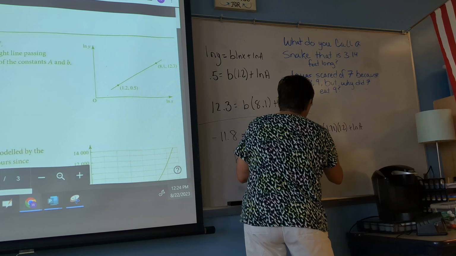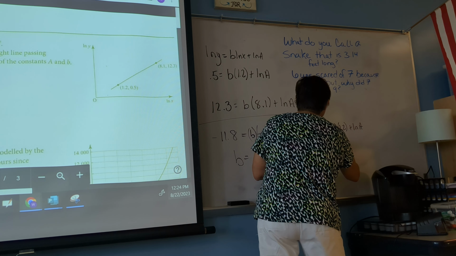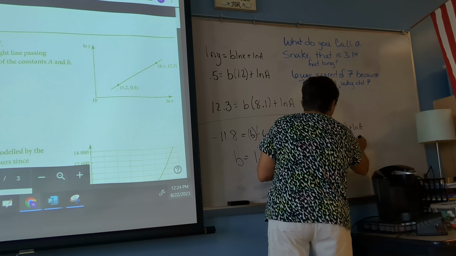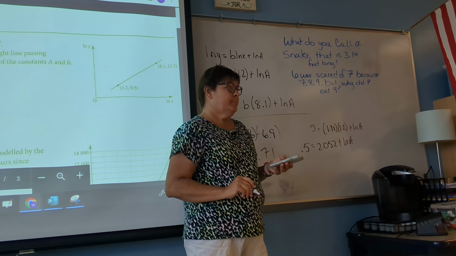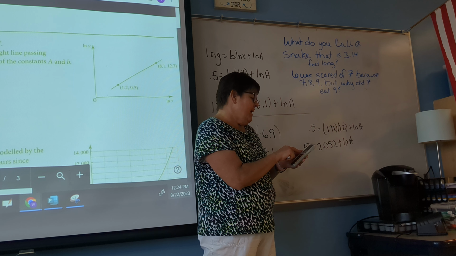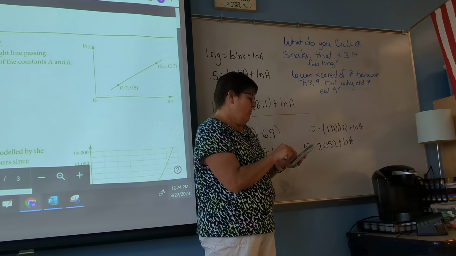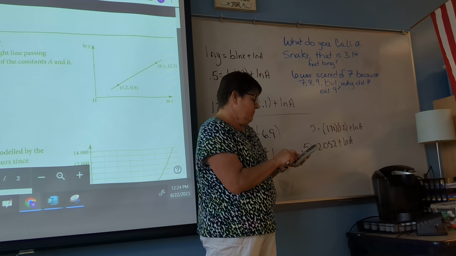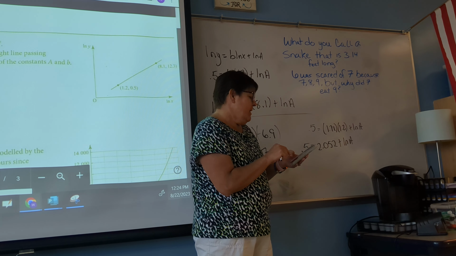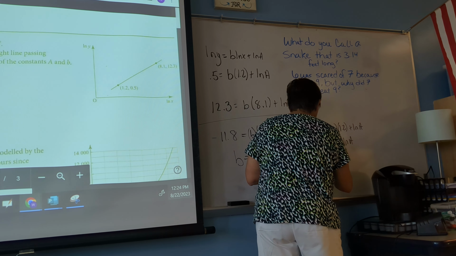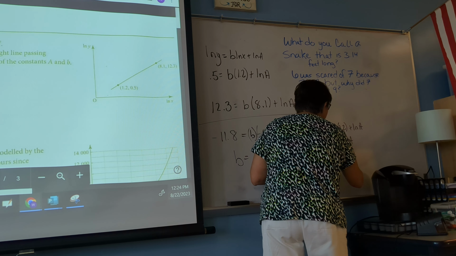So 0.5 equals 2.052 plus the natural log of A. Are we feeling good? And then we're going to do 0.5 minus that. And we get negative 1.552 is the natural log of A.